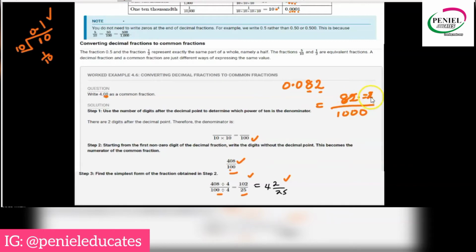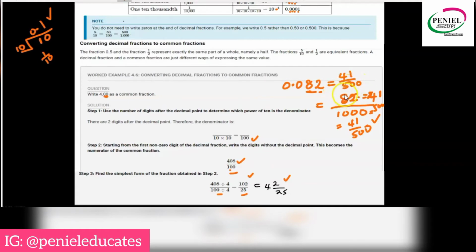It's going to give me 41. If I divide this one by 2, it's going to give me 500. So I have my 41 over 500. That's my simplest form to convert 0.082 to a common fraction, 41 over 500.